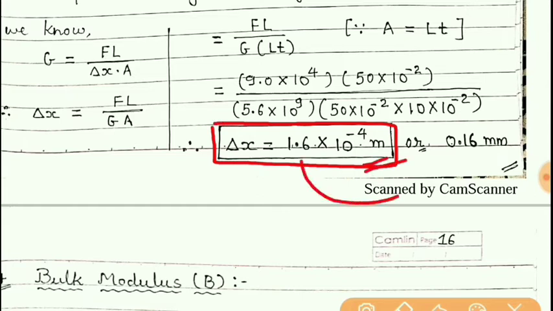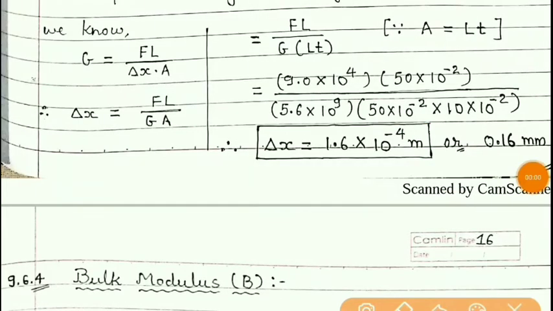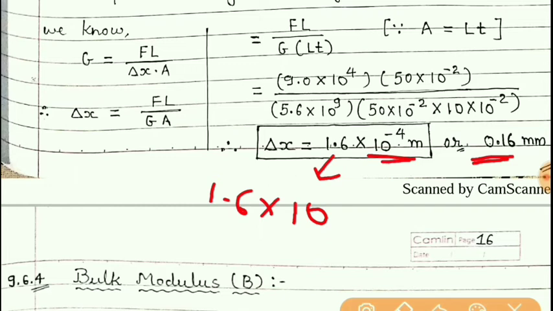Same thing, you can write this in mm, and that you know how. Still, I'll show you how this is 0.16 mm. Students, 1.6 into 10 raised to minus 4 is given here. That can be written as 10 raised to minus 1 into 10 raised to minus 3 meter.